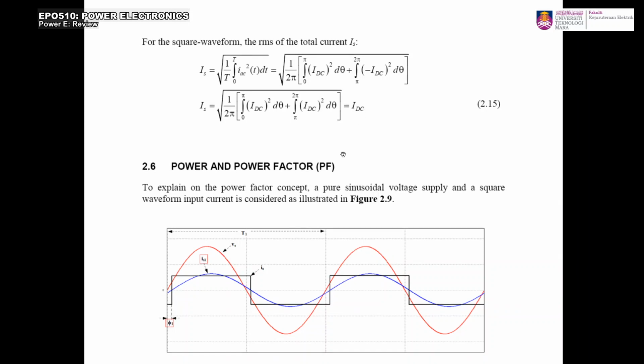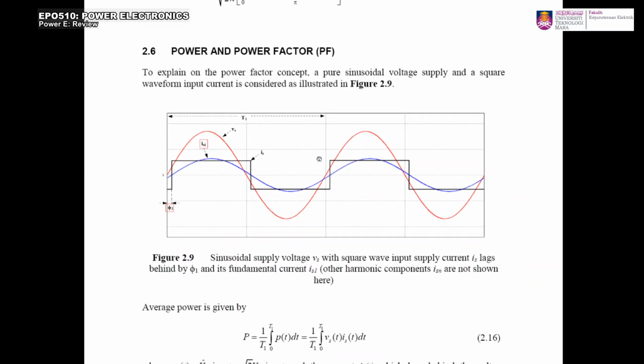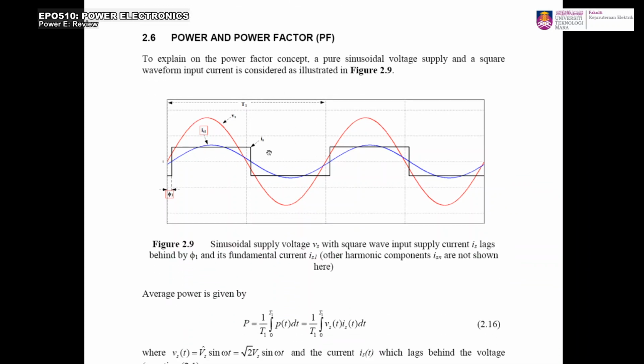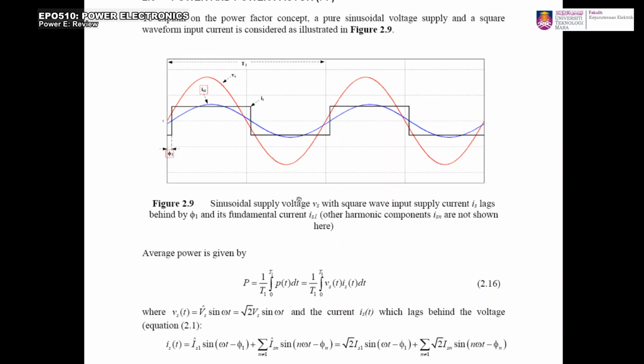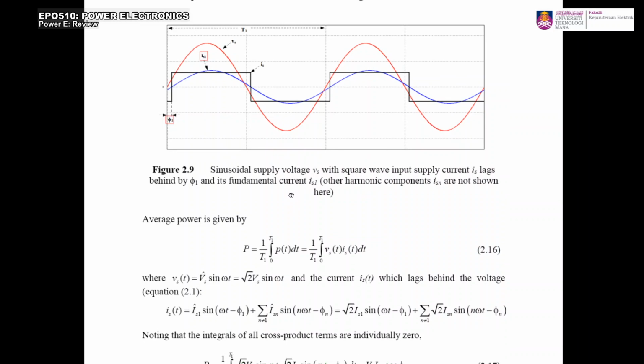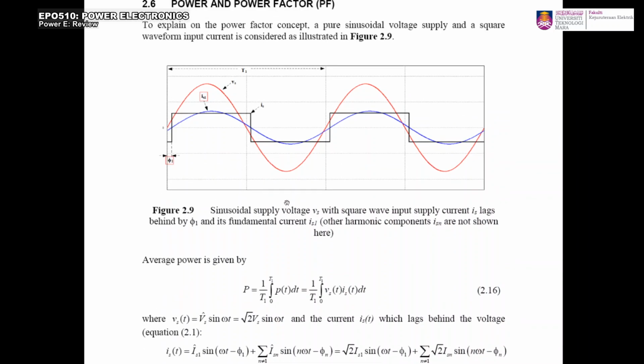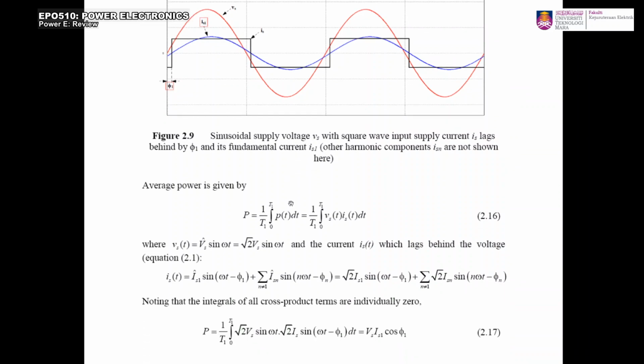Okay, and then we move into the power and power factor. I explained here the power factor concept. So please look again at the actual definition of a power factor, the true definition of power factor.